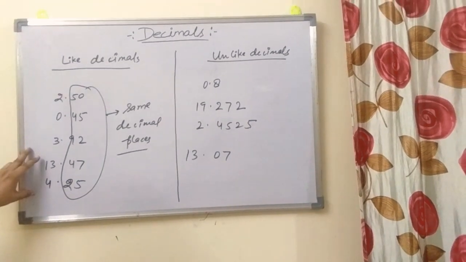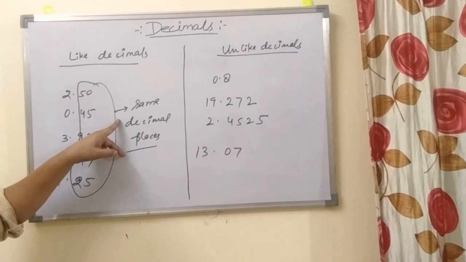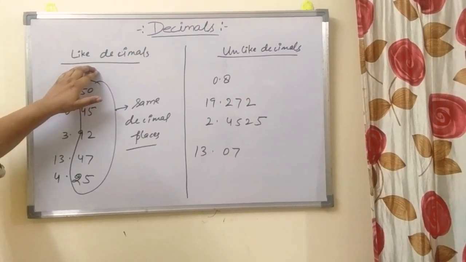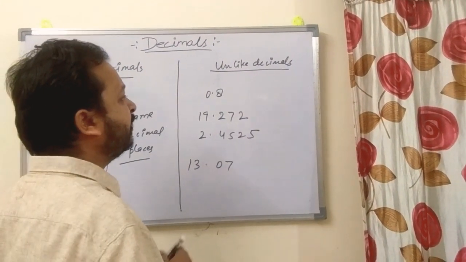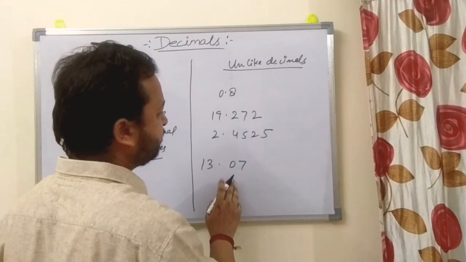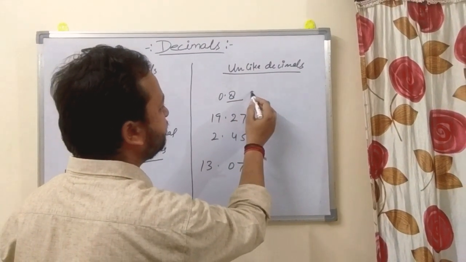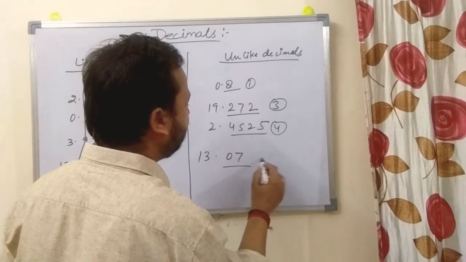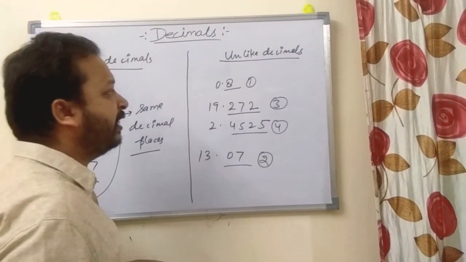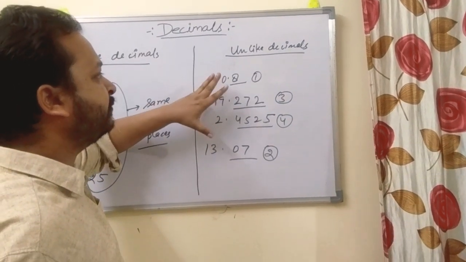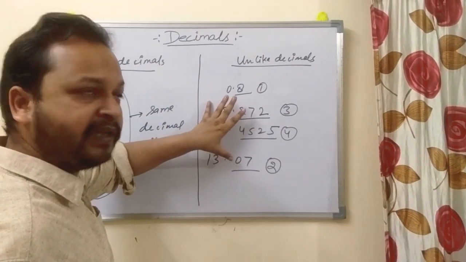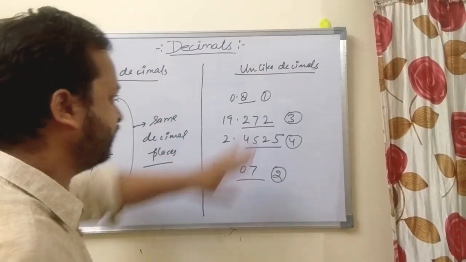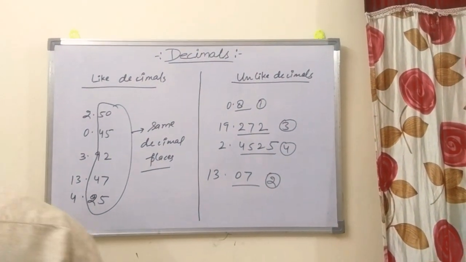In each case the decimal places are the same, and if the decimal places are the same, they are known as like decimals, right? And if the decimal places are not the same, here we have 1 decimal place, here 3, here 4, here 2, right? So if there are different decimal places, those decimals are known as unlike decimals.